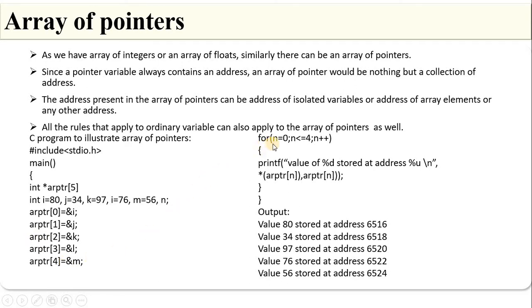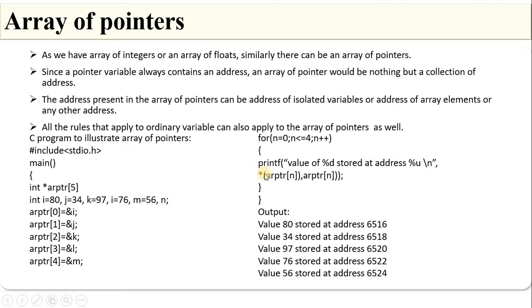And here in the for loop, I am going with n from 0 to 4, each time incremented by 1. What I am printing is the value of %d stored at the address. See this arptr[n]: if n is 0, this will give the address, right? The address should be printed here.